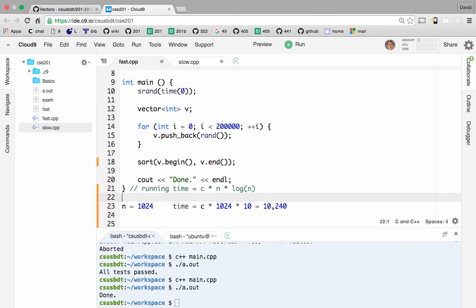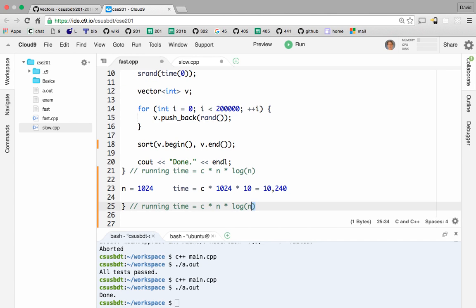But if the running time uses n squared, and n is 1024, the time is going to be c times 1024 times 1024, and that's approximately a million.